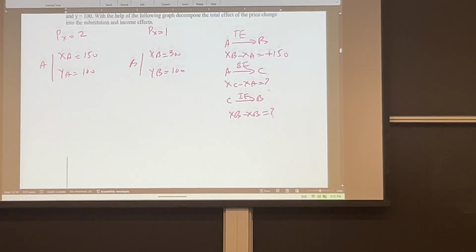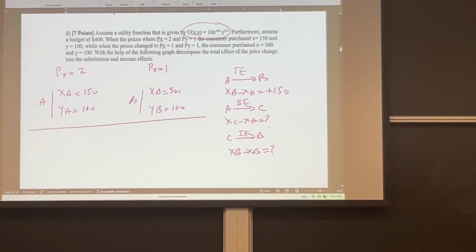To find point C, we need to satisfy two conditions. What was number one? Utility of A is utility of C. So we're going to plug A in the utility function.